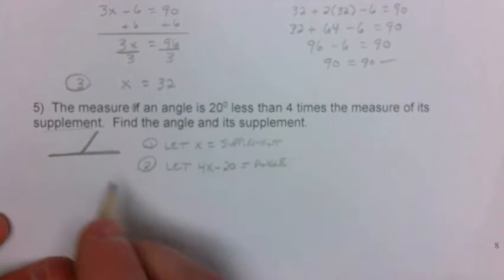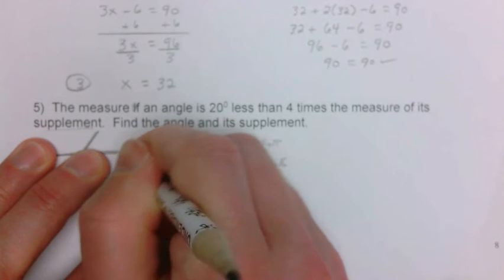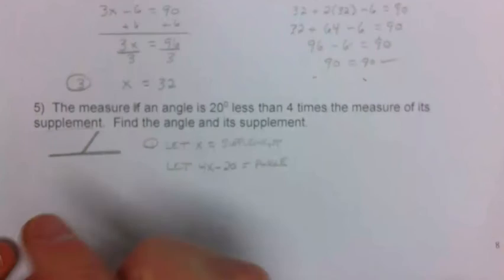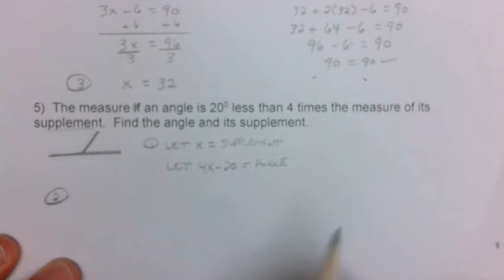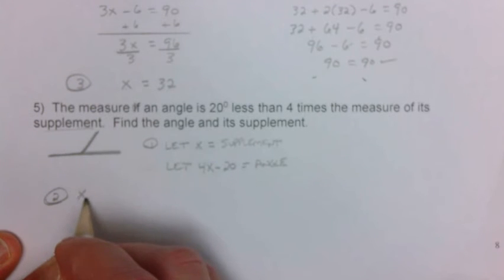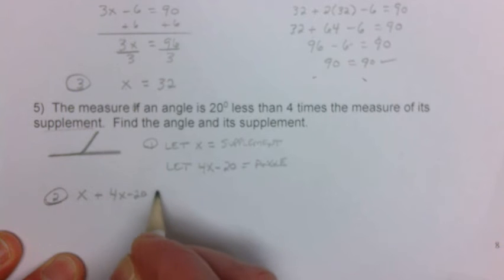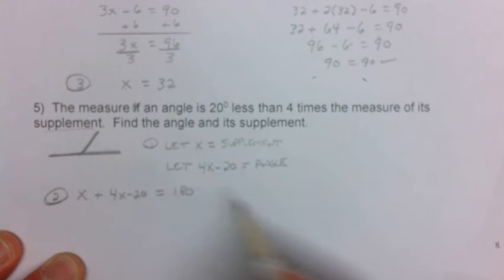Now if we were to set up our equation, which is step number 2, I have to take both angles and add them together. So x, the supplement, plus 4x minus 20, the original angle, they add up to 180 degrees.